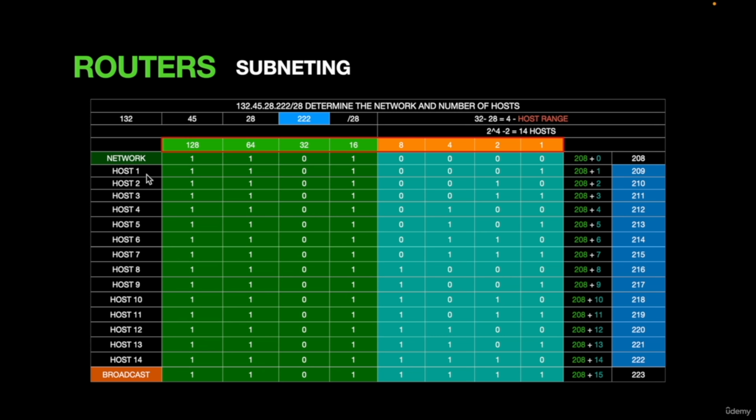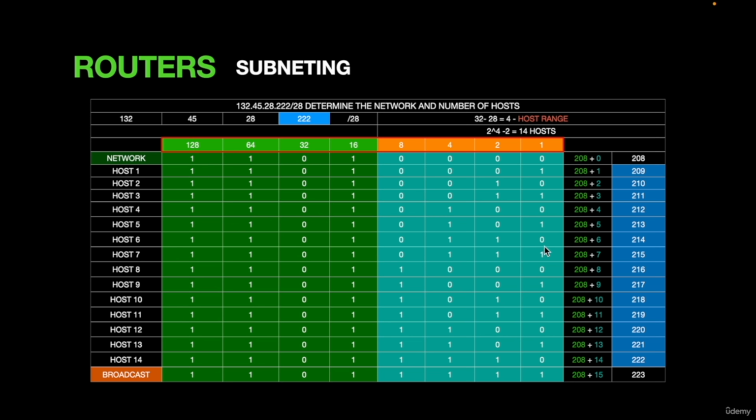So now let's calculate the host range. The first host will have the last bit activated, and we'll get that the first address in the range is 209. It's basically easier to do if you add 208 plus 1 and 208 plus 2. As you can see, the 2 here is represented by activating this bit. It's the same for 4, activating this bit. For 5, you activate this one and this one.